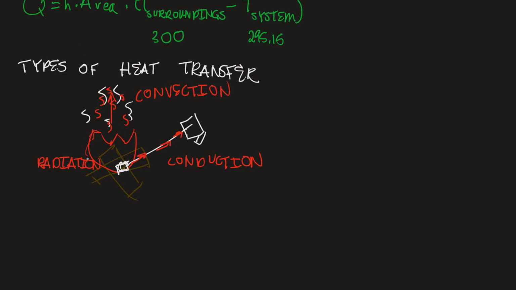So it's emitting waves with a frequency that our eye can detect. So there's an eye, we're kind of seeing this fire, and so this is emitting radiation. A non-harmful form of radiation, but radiation nonetheless.